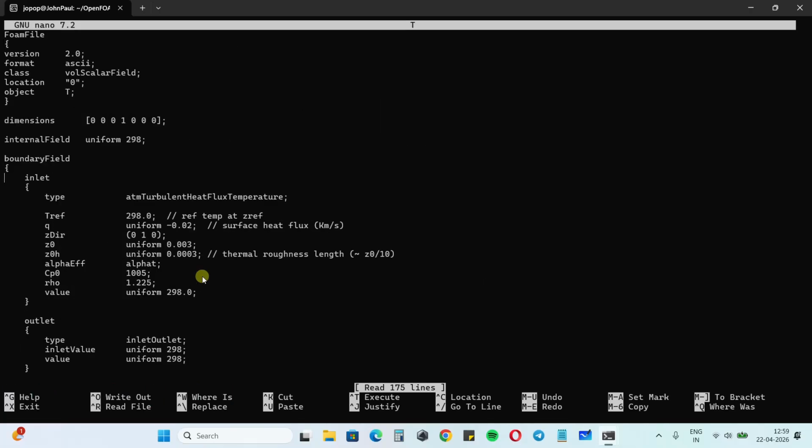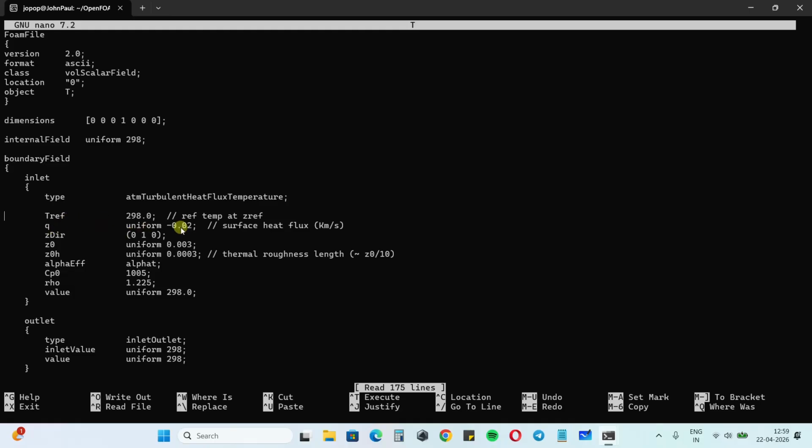Here again at the inlet we have the wall function. This wall function sets the stable stratified temperature profile in the domain. It's called atmospheric turbulent heat flux temperature wall function, and the parameters are Tref, which is the ambient temperature, 25 degrees Celsius or 298 Kelvin, and Q, the surface heat flux.